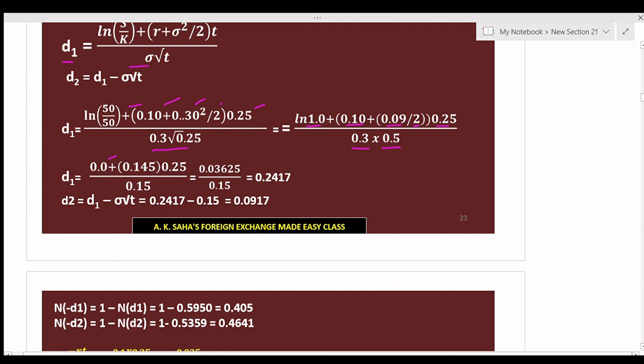Now d1 is calculated here, 0.2417, and d2 is equal to d1 minus sigma root t is equal to 0.2417 minus 0.15. Sigma into root t is equal to 0.15, so d2 is equal to 0.0917.